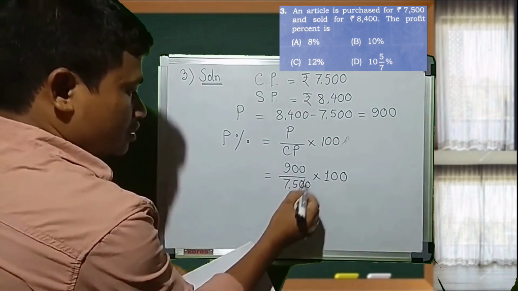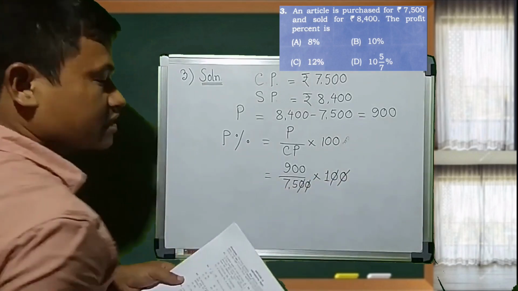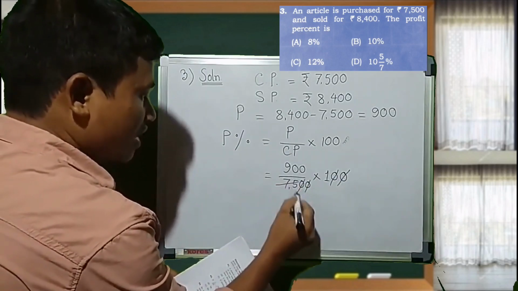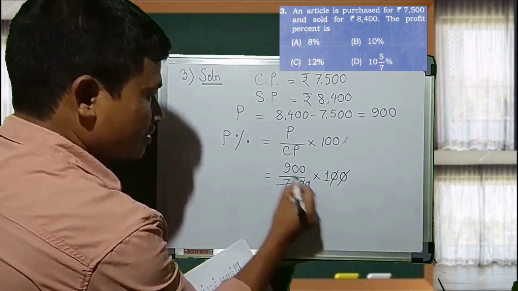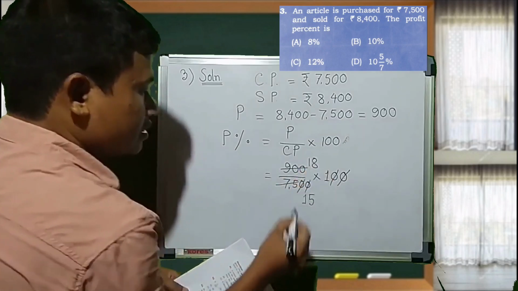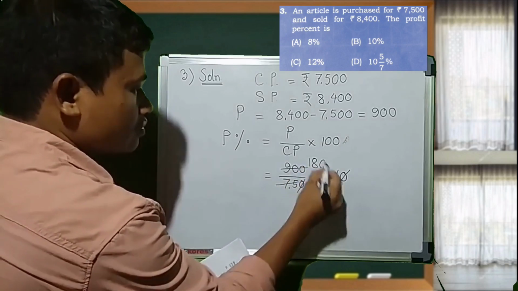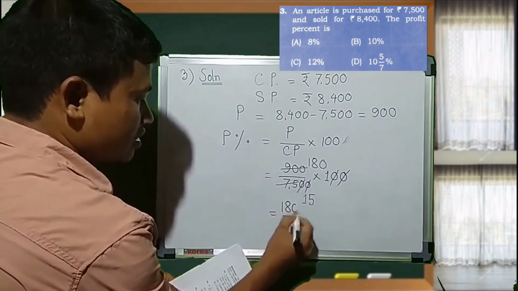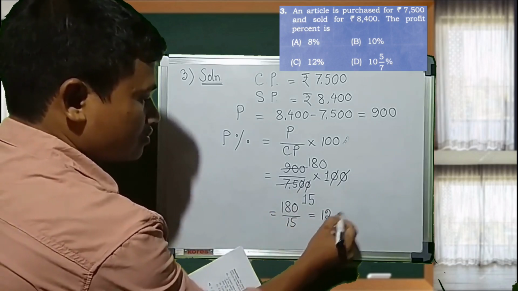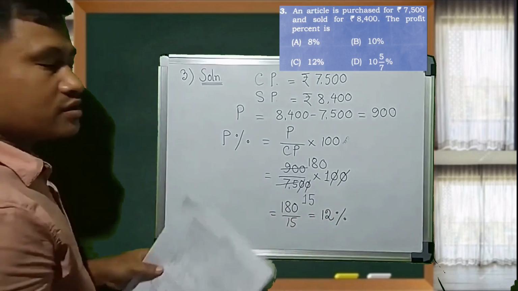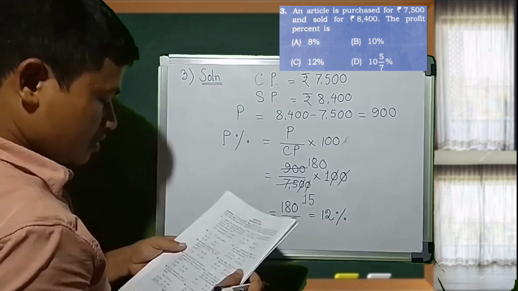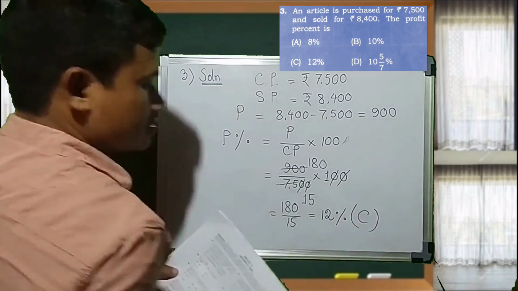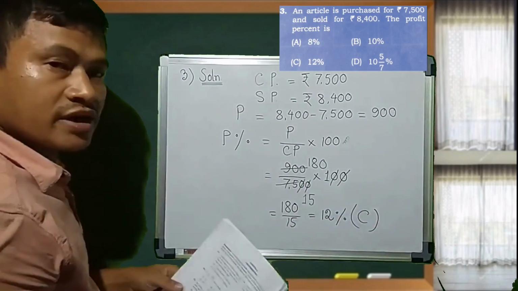And 2 zeros and 2 zeros will get cancelled. Then 5 15s are 75, and 5 18s are 90, and 1 0. So 180 upon 15, and we will get 12. So what is the correct answer? The correct answer is 12%. So the correct option is C. Okay.